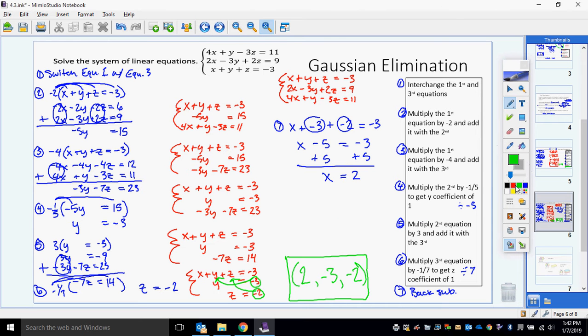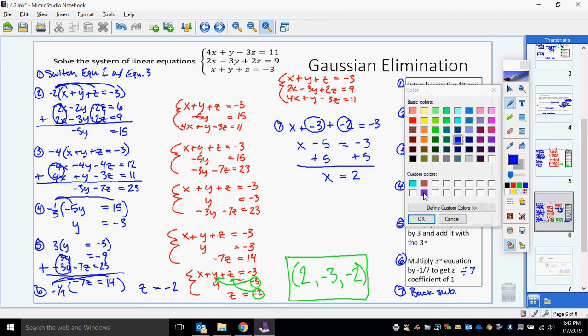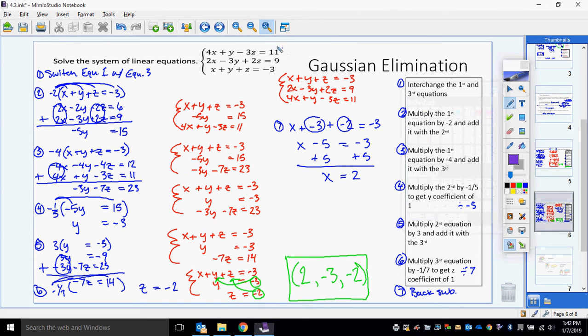Okay, here's just a visual of what's going on. Let me change to purple here. Let's just take this top equation and look at it for 1 second. Folks, normally we only have two variables, an x and a y, right? Maybe we had 4x plus y equals 11 in the section before. That was a line, right?